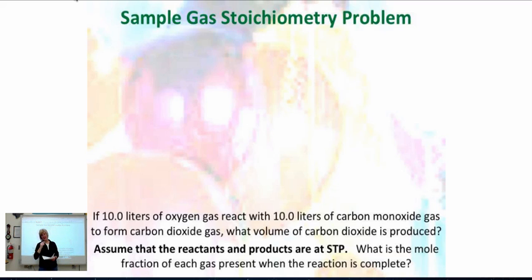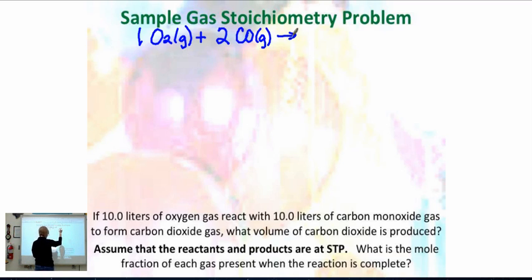First thing we're going to do is write a balanced equation. That equation is 1 oxygen gas reacts with 2 carbon monoxide gas to form 2 carbon dioxide gas. And it says we're going to use 10 liters of each.